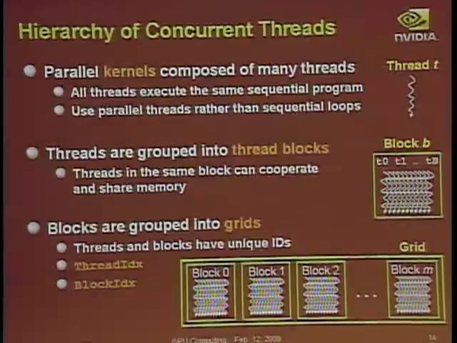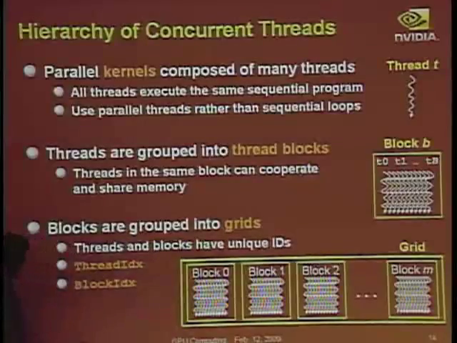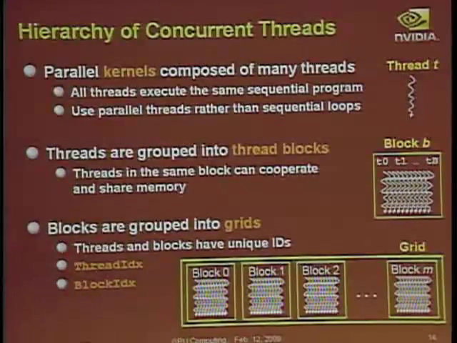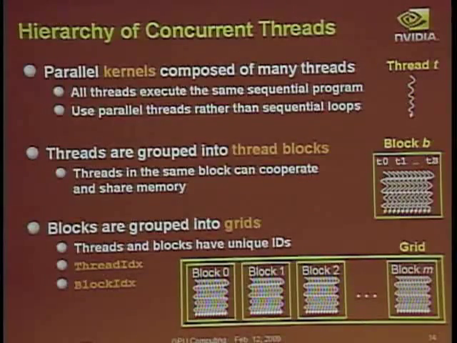And then these blocks are grouped into grids. So a grid is what executes the same kernel function on every thread. And of course, each thread needs some kind of ID number, so we have a thread index and a block index. So those are really the basic essence things that we added so that we had some way to organize threads inside the GPU. Any questions about that?